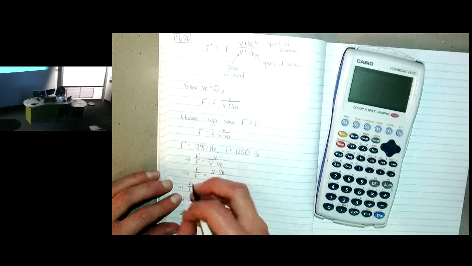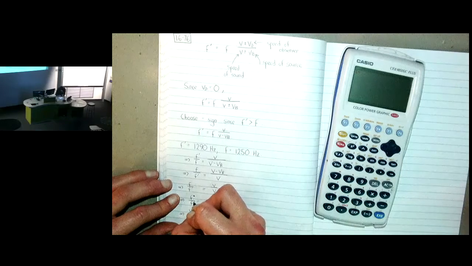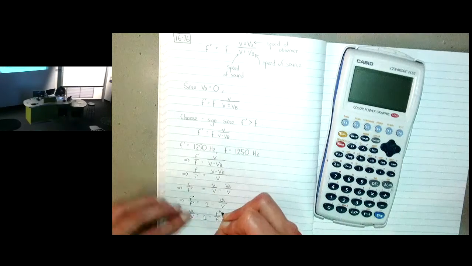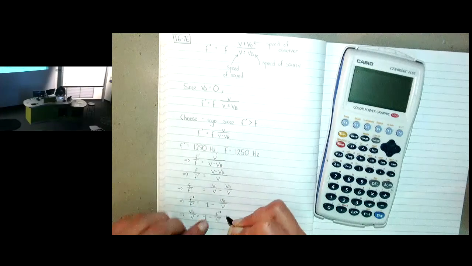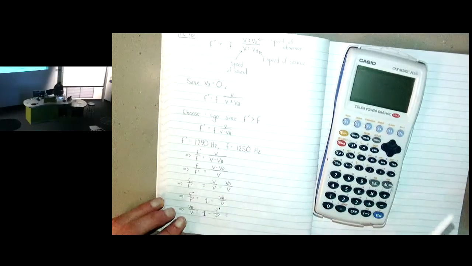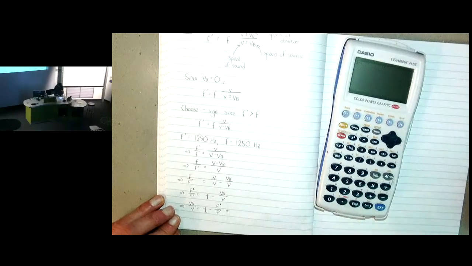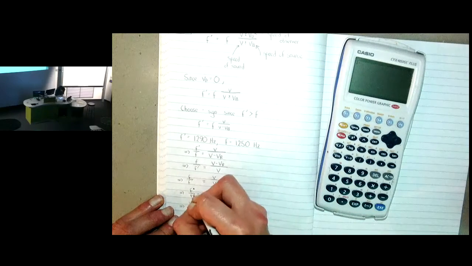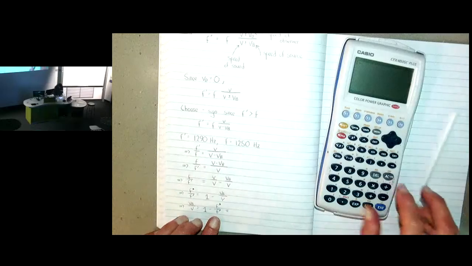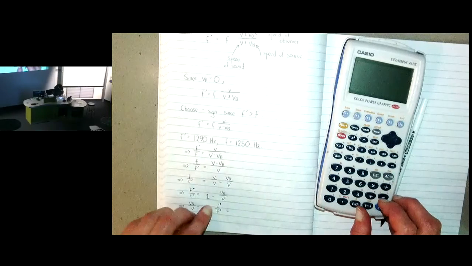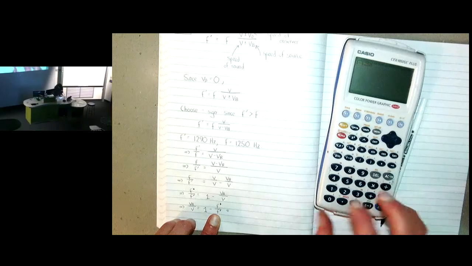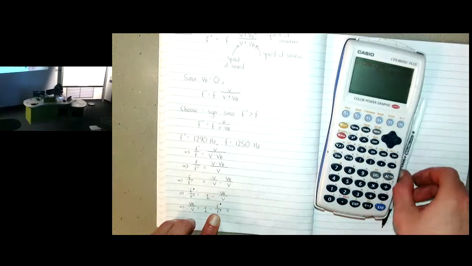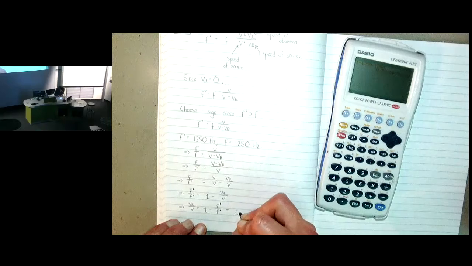Sorry, I've just made a mistake here. I went from here to here, but I just copied it out wrong. Sorry about that. So this should be f divided by f prime. Assuming you can see that, of course. So what I calculate is 1 minus 1,250 divided by 1,290, which comes out to 0.031.